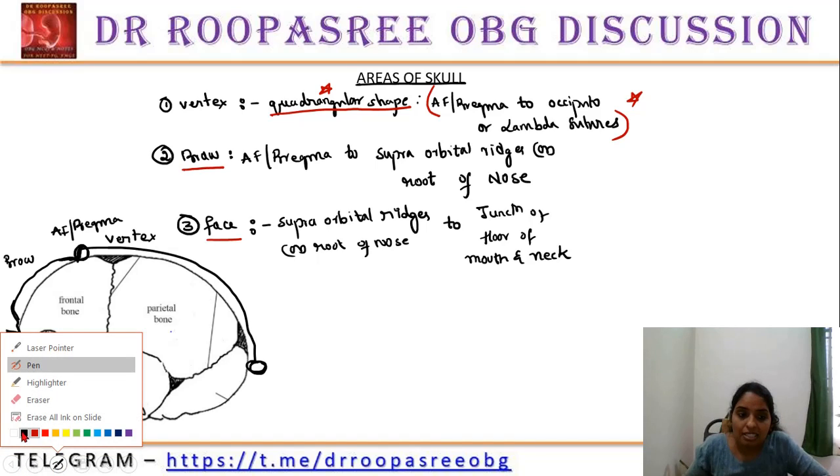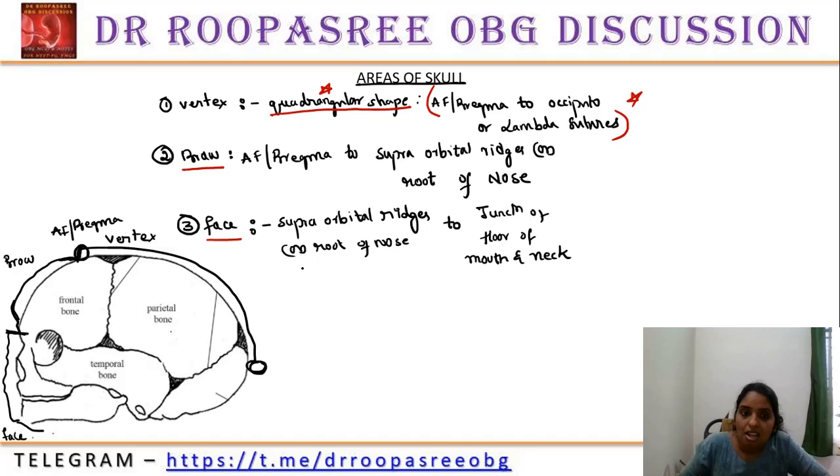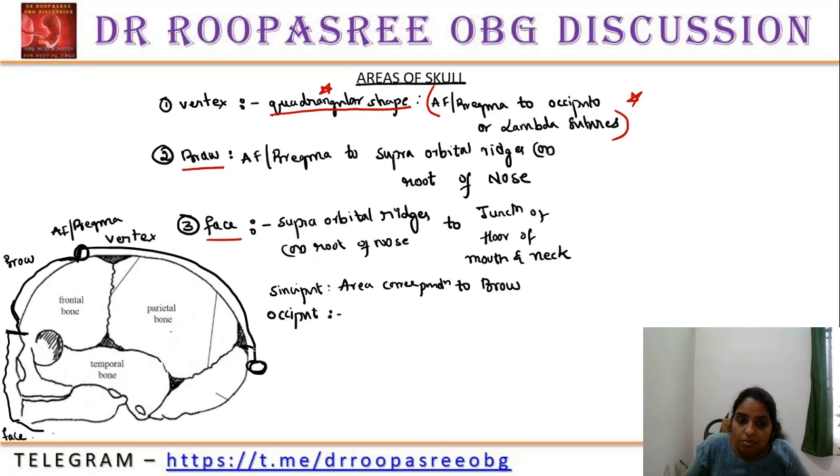And other thing is, we'll see some of the important points of the skull, like the sinciput. It is an area corresponding to the brow. Next we'll see other important points like the occiput. Occiput means it is a projection posteriorly, an important point present at the lambdoid suture.